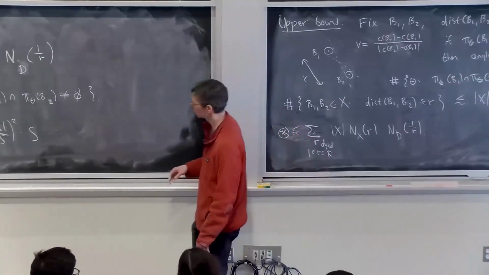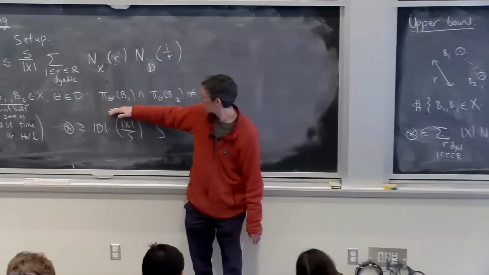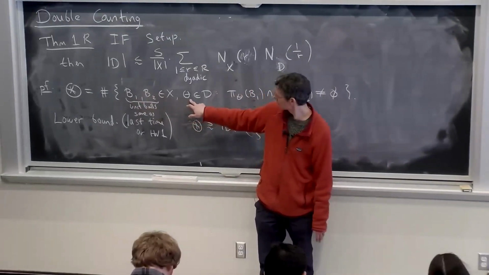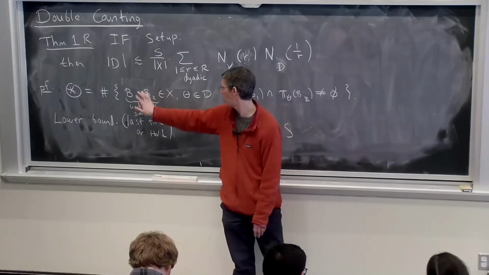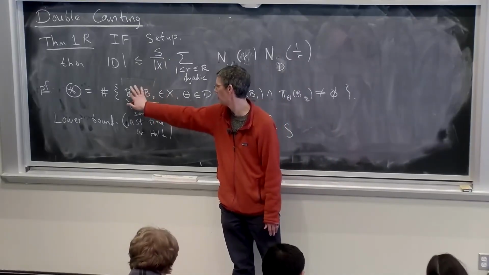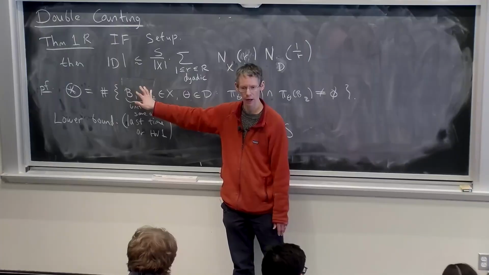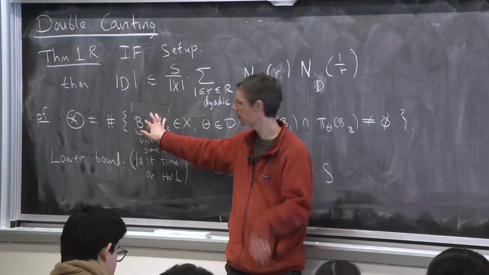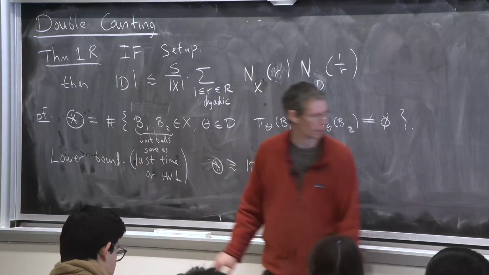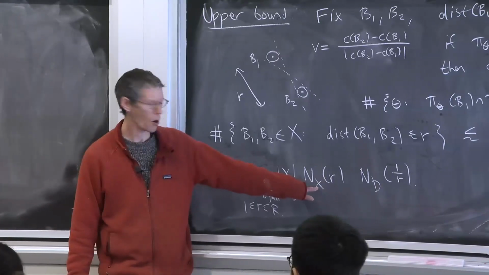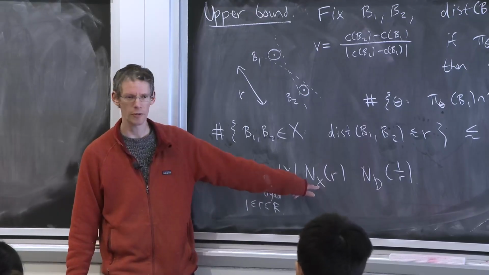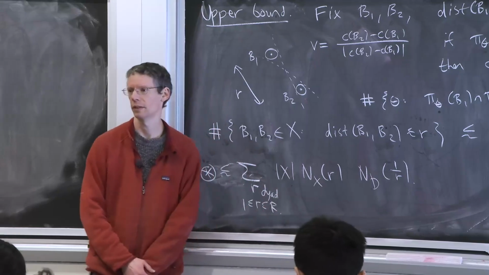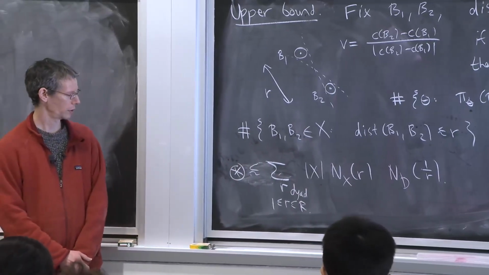So let me say why. Star is this set of coincidences. It's a B1, a B2, and a theta. And for each coincidence, I sort these coincidences by the distance from B1 to B2, which I call r. So I take the coincidences where the distance is around r, and I sum over the possible r's. Once I've fixed r, I have this many choices for the pair B1, B2. And once I've fixed B1 and B2, I have this many choices for theta. So that's the bound.